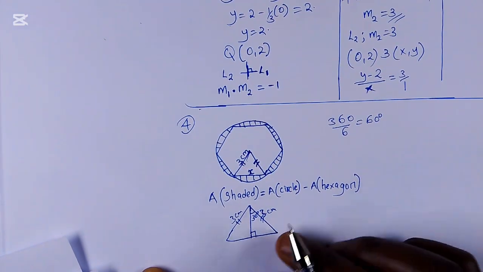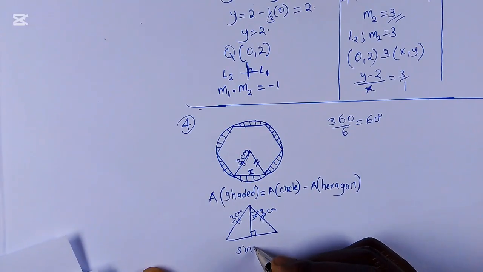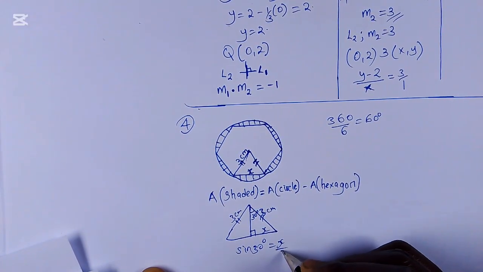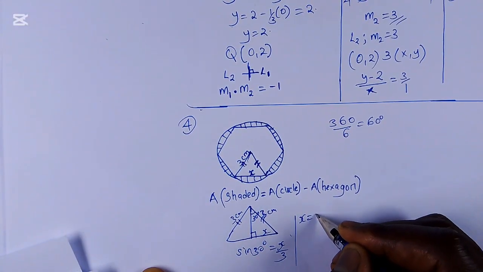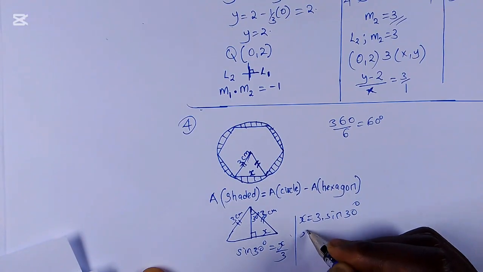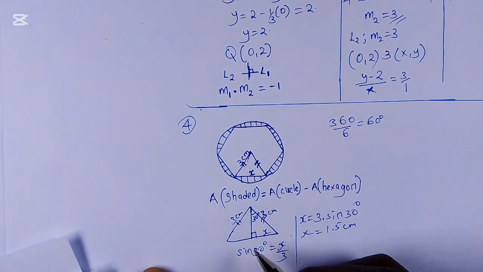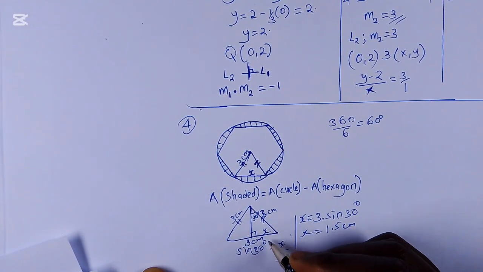We want to determine this, and we get that sine of 30 is equal to x over 3. That gives us x is equal to 3 multiplied by sine of 30, which is 1.5 centimeters. Multiplying it by 2, we end up with 3 centimeters.